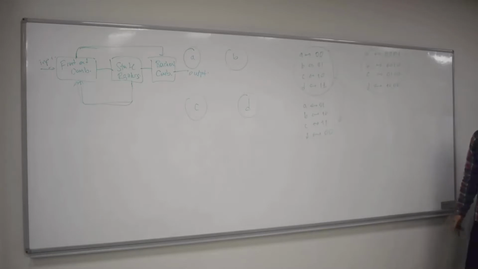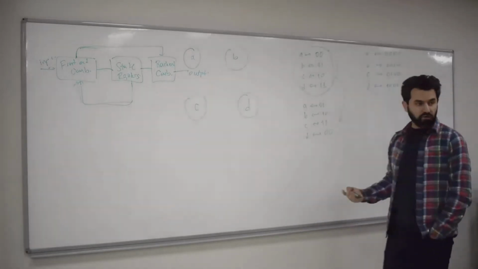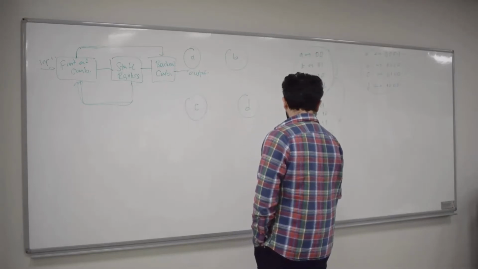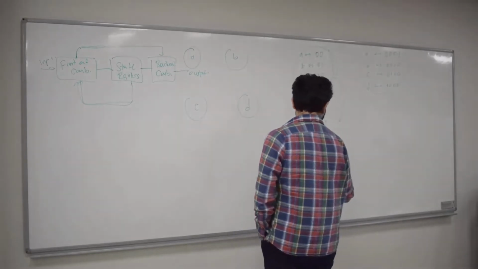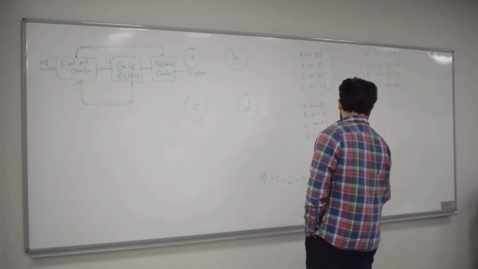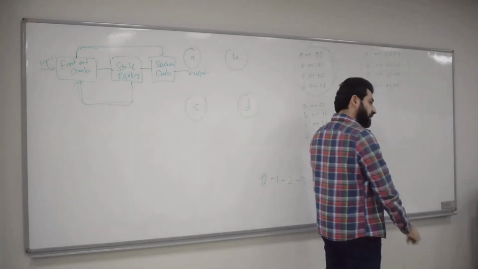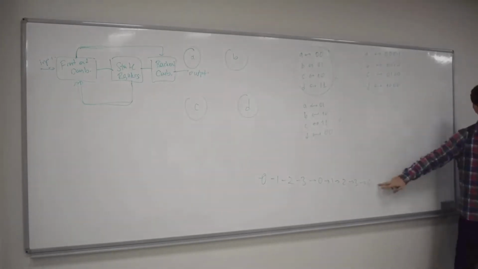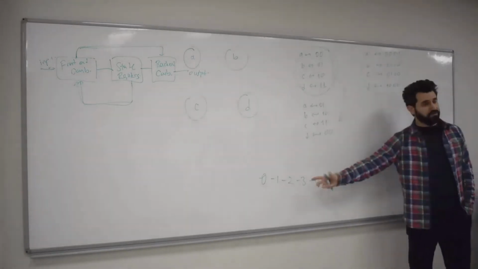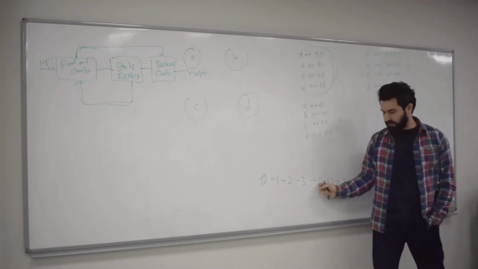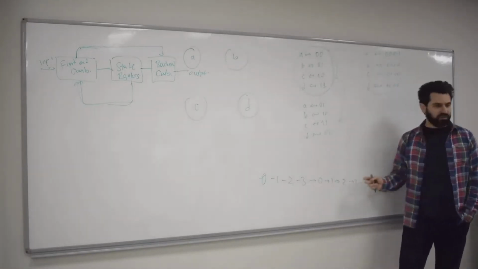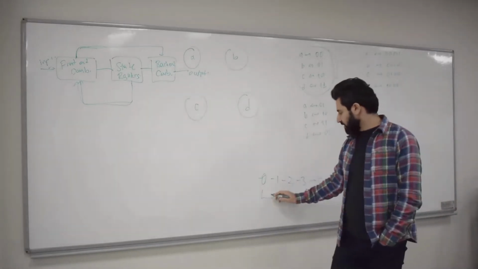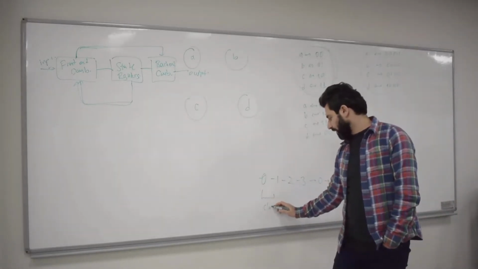Okay, a counter example, where I want my circuit to count the following numbers: 0, 1, 2, 3, and then go back to 0. 1, 2, 3, and then go back to 0. Okay, this actually goes on and on without stopping. This is a kind of counter that goes back to the beginning and then counts again. Okay, and the time between these numbers is, of course, the clock period, right? Clock period.